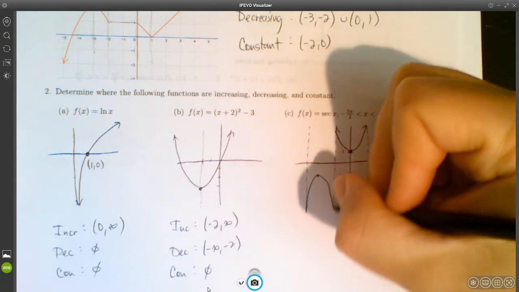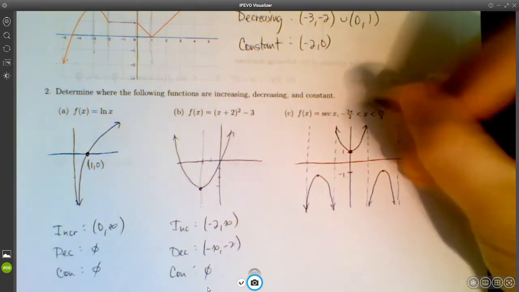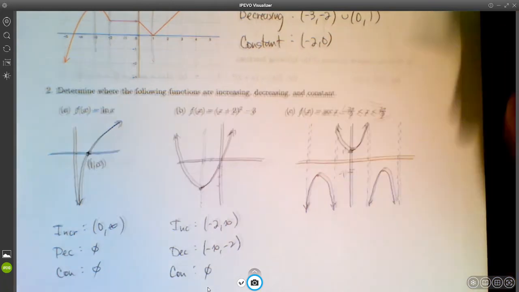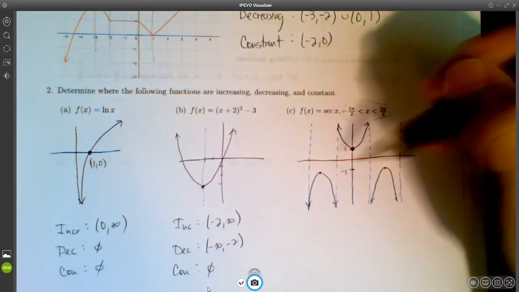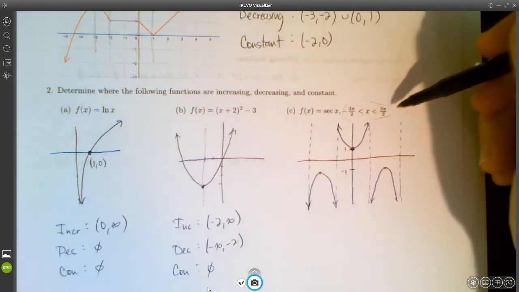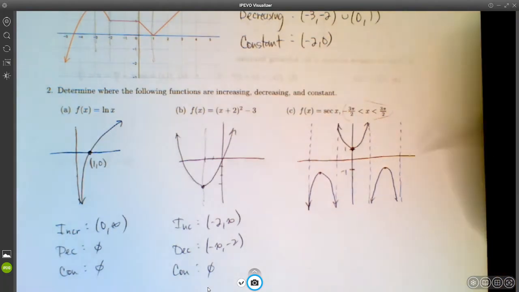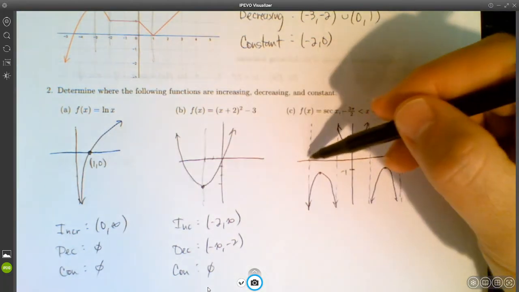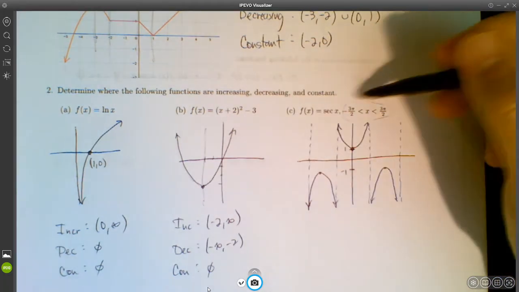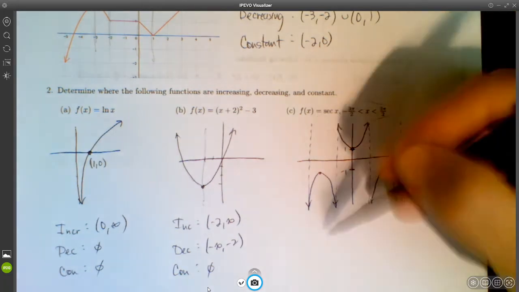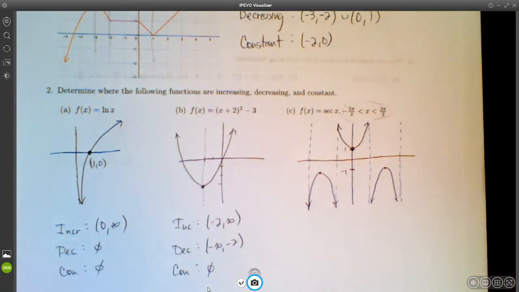Right, so this is what the secant function looks like if the domain is restricted between negative 3 pi over 2 and positive 3 pi over 2. So this particular function really does just stop here. It doesn't continue on to the left or to the right because our domain was restricted. We're restricting our attention to just looking between negative 3 pi over 2 and positive 3 pi over 2.